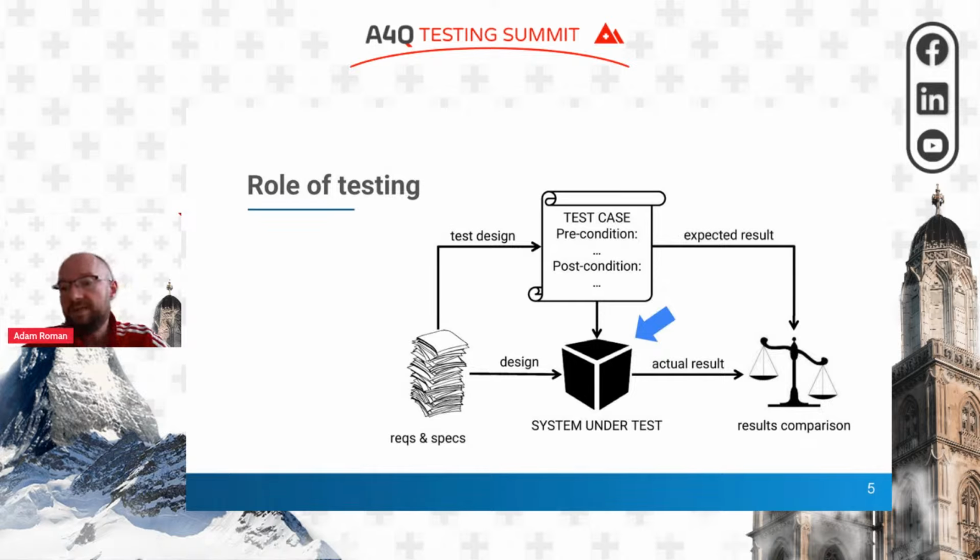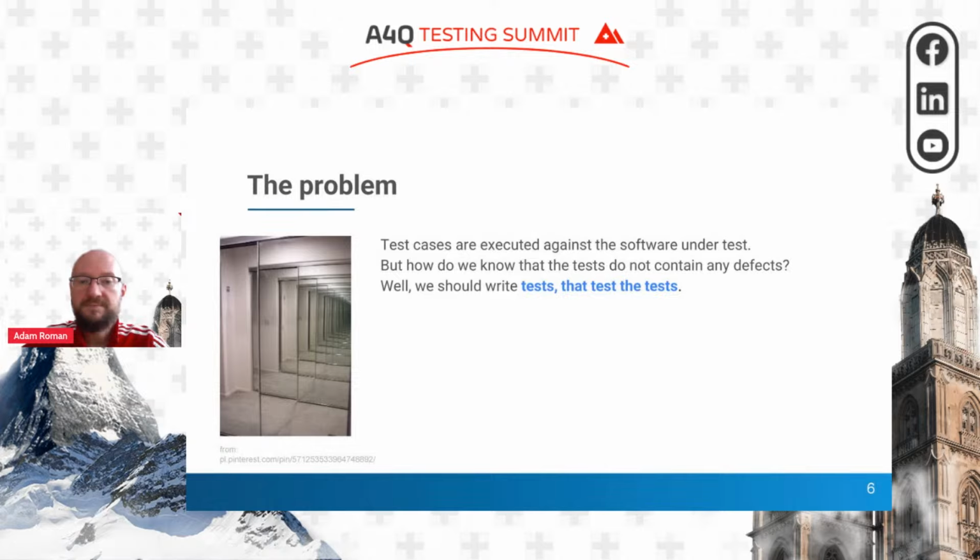Because, for example, imagine that we automate tests, and this test case is some kind of a test script. So a test script is also a piece of code. So it can contain defects just as the system under test can, right? So in order to be accurate about all this, we should actually test not only the system under test, but also our tests which we use to test the system.